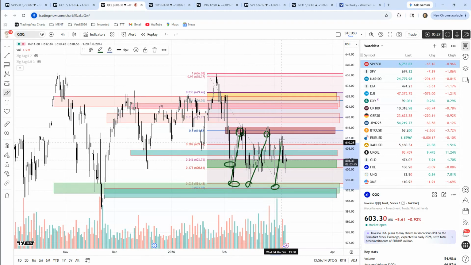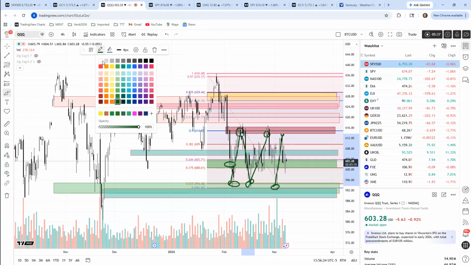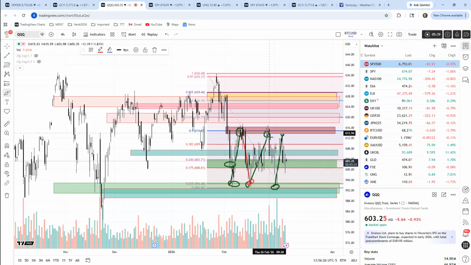You get 3 attempts here to the upside, and you theoretically could go short here to the downside, because once you get this first confirmation here of this top moving down, you can repeat the cycle, may repeat until it breaks.